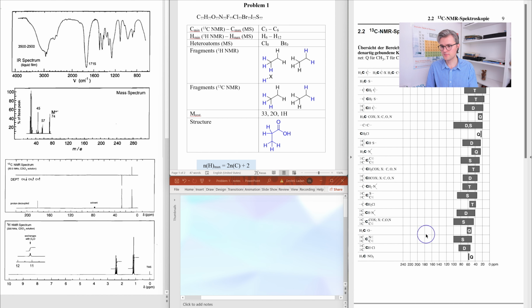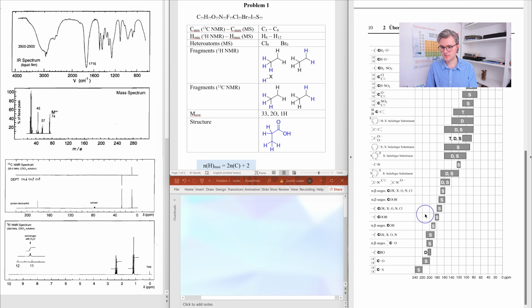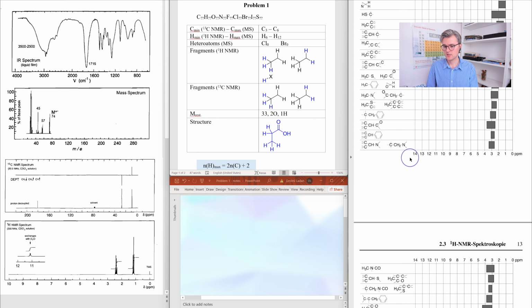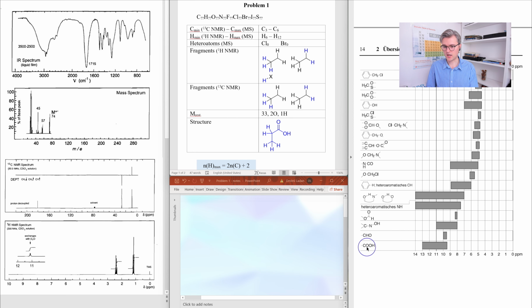We can do it here. We have around 170, which is here, and yeah, it can be a carboxylic group. So it's actually correct. Also, we can see whether this signal at 11 in proton NMR also fits it. So we are scrolling down. 11, yeah, it's a proton on a carboxylic group.